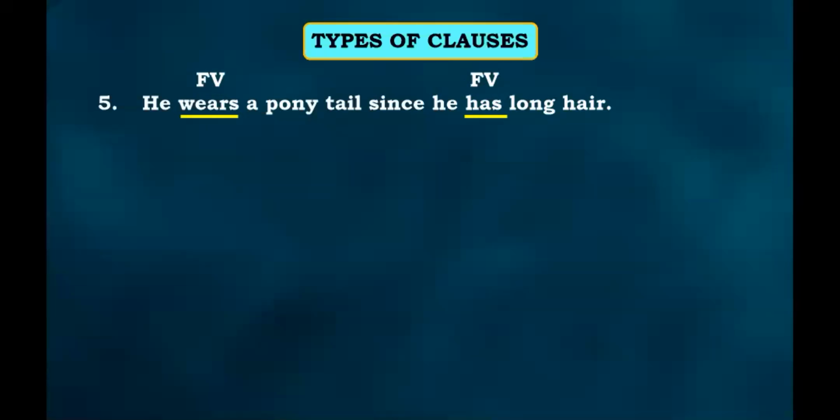Very good. It is since. Okay. So he wears a ponytail is your main clause. Since he has long hair is your subordinate clause. Now the question, the sentence means that वो पोनी डालता है बिकॉज उसके बाल लंबे हैं. Correct. Yes.